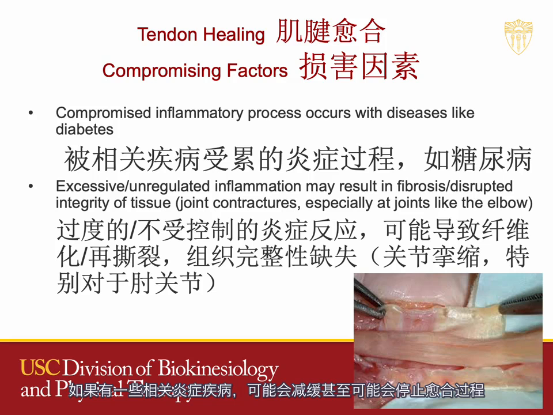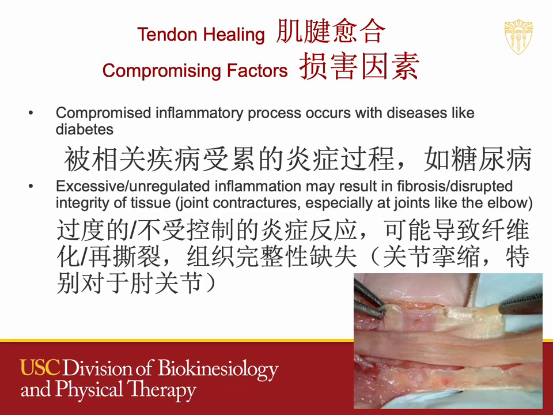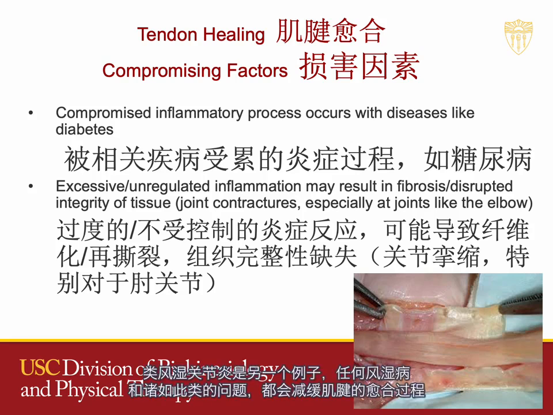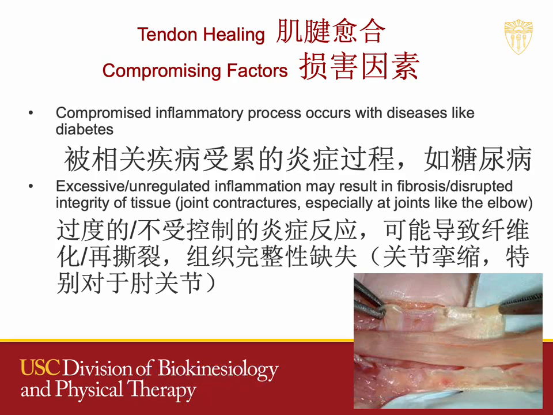So things that can really slow down a healing process or possibly even stop a healing process for a tendon: any inflammatory disease. So diabetes is a good example. Rheumatoid arthritis is another example. Any of the rheumatic problems, lupus, things like that. Those are going to slow down the healing process of a tendon. And they also can really cause the tissue to not look as pretty as we would like.